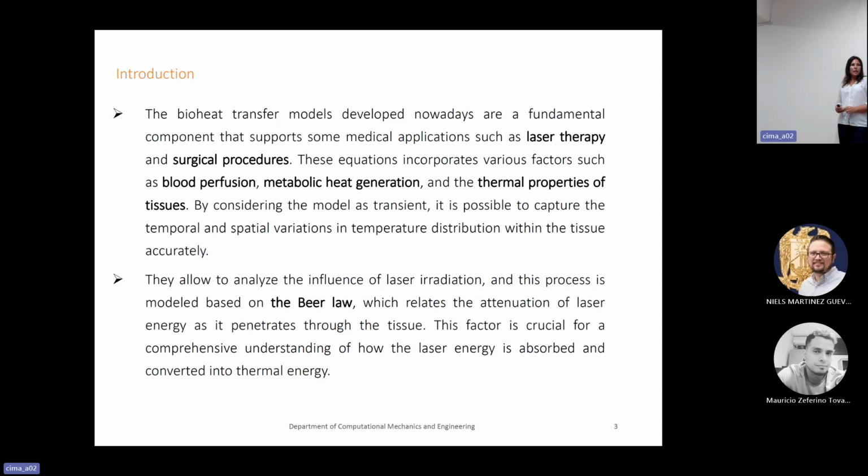accurately. And they allow us to analyze the influence of, for example, laser irradiation, and this process is modeled based on the Beer-Lambert law, which relates to the attenuation of the laser energy as it penetrates through the tissue. And this factor is very important for understanding how laser energy is absorbed and converted into thermal energy.